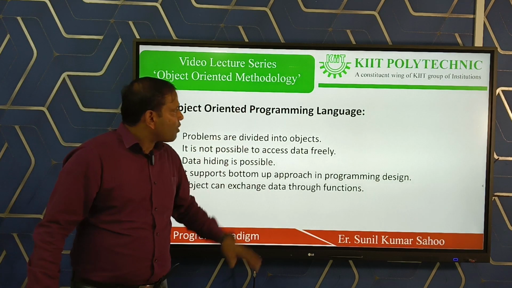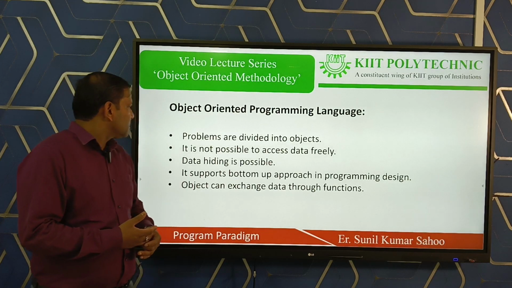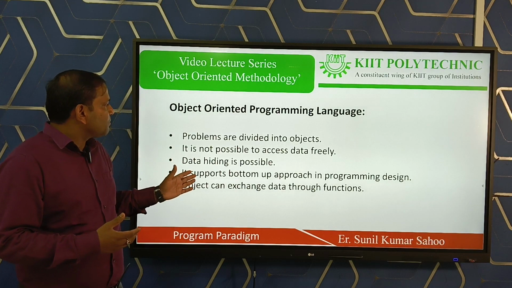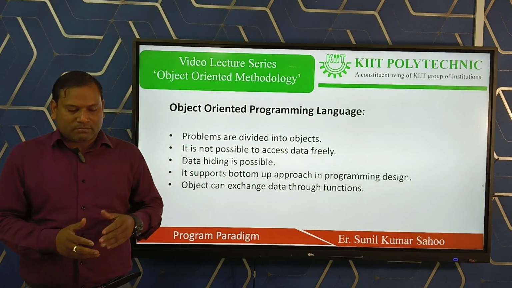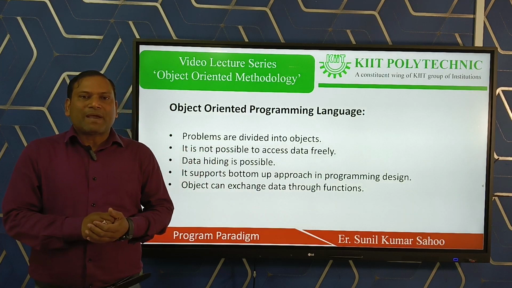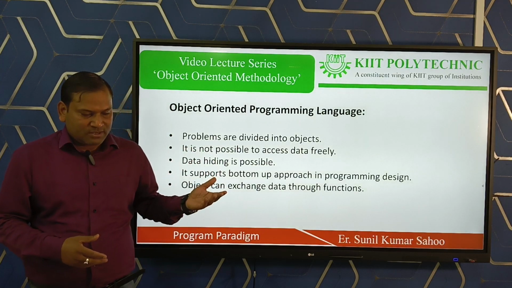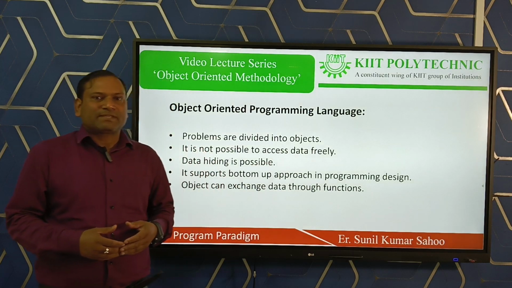Next one is the object oriented programming language. Problems are divided into objects and it is not possible to access data freely. For example, some of the code cannot be accessed by the object if it is written under the private section.